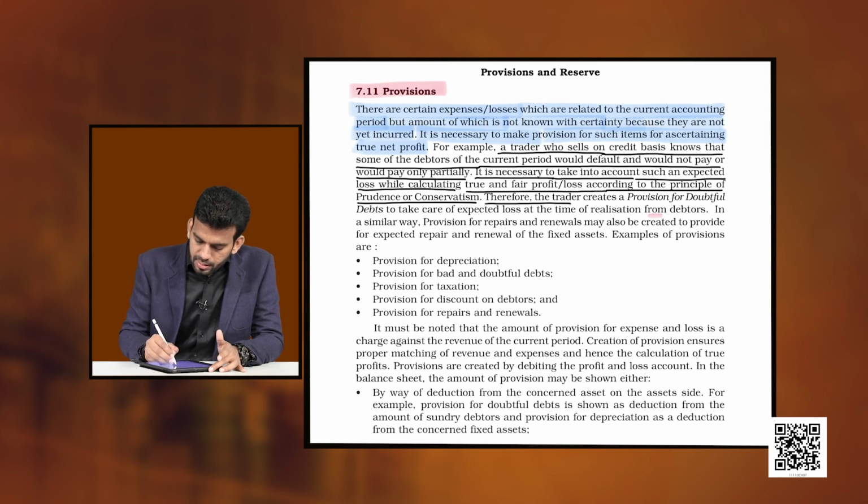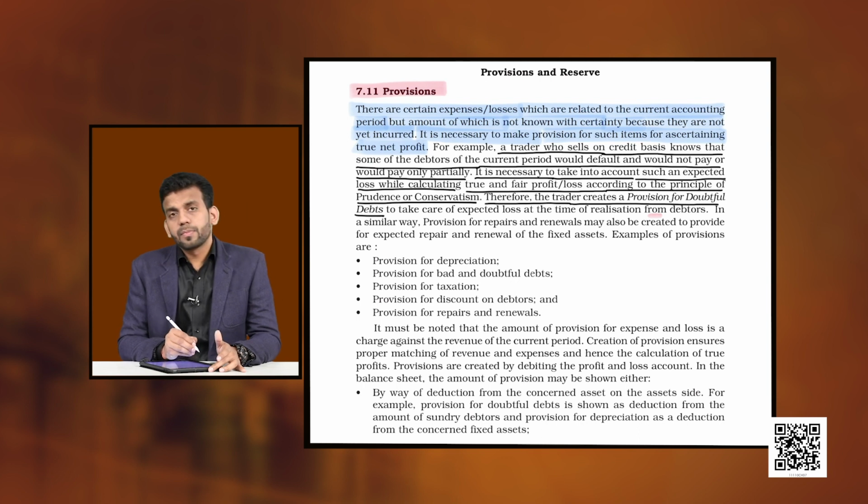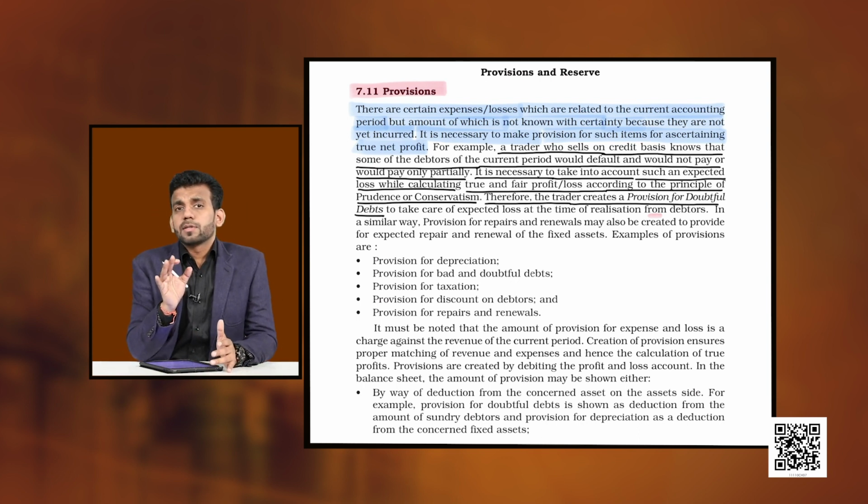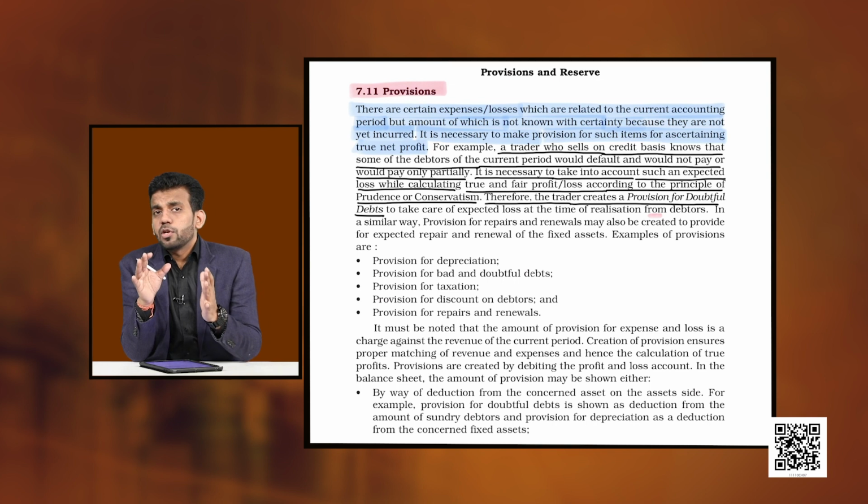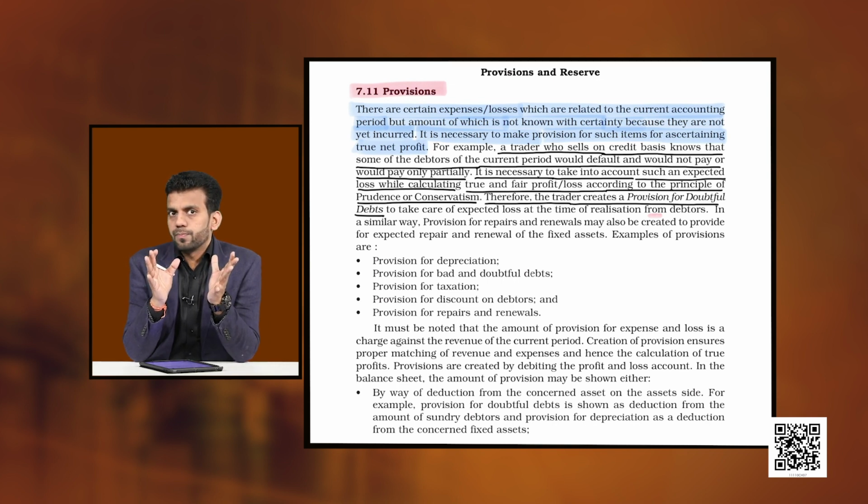Therefore, the trader creates a provision for doubtful debt. Students, when I feel that this much of debtors are doubtful, their money may not be recovered, so I make a provision for doubtful debt. Doubtful debt means we are doubting whether a few people will pay or not.